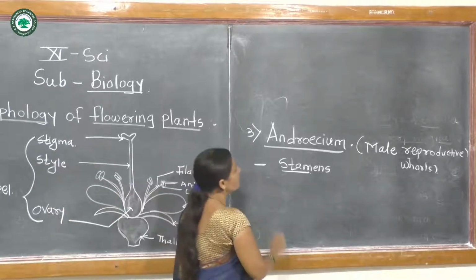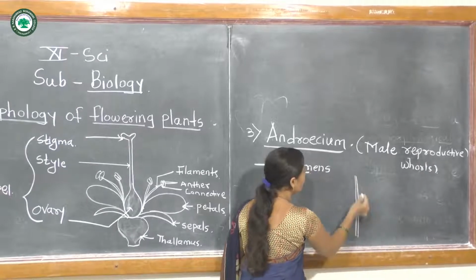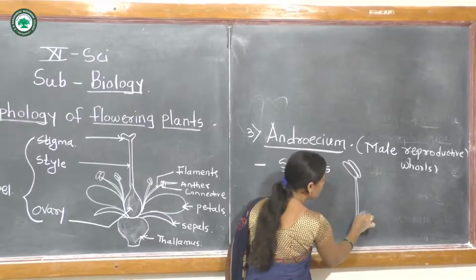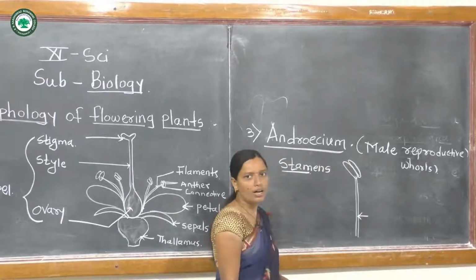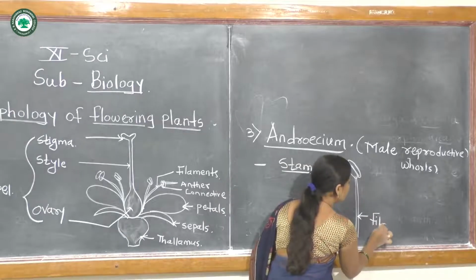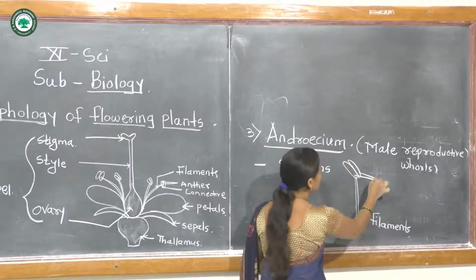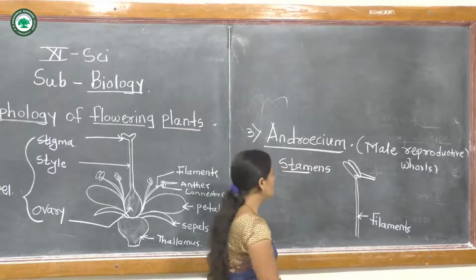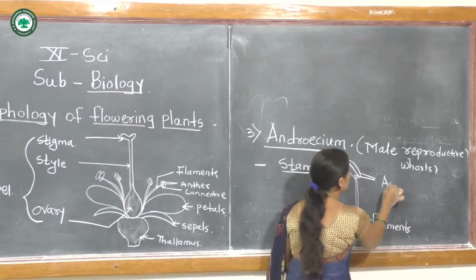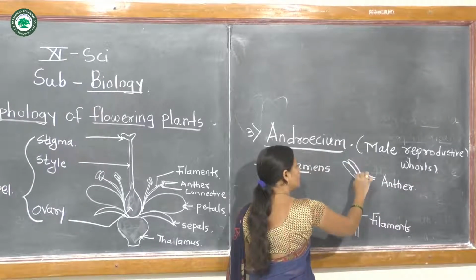Now these stamens are divided into three parts. This part is the stalk-like or elongated part of the stamen. It is called the filament. This bilobed structure of the stamen is called the anther, and these two anther lobes are joined with each other.